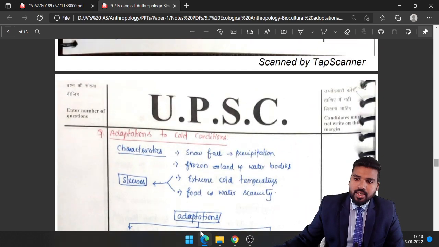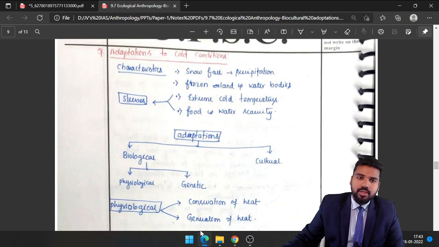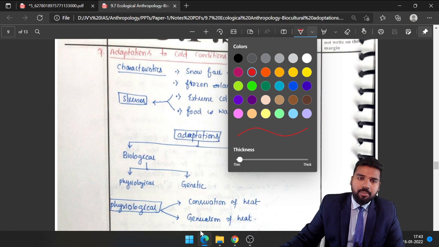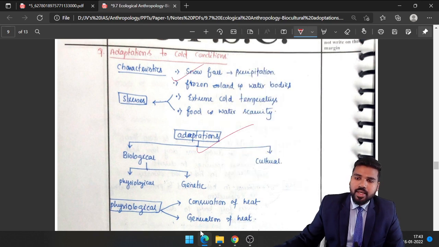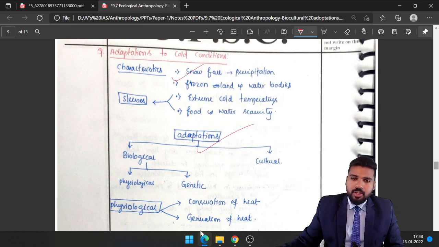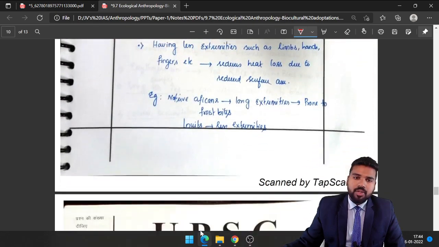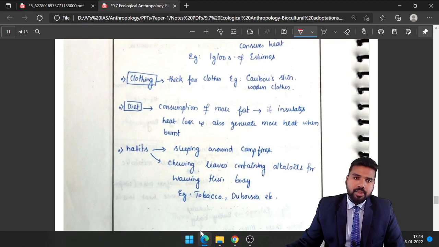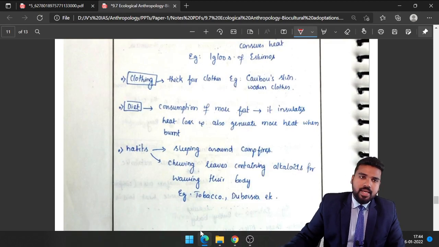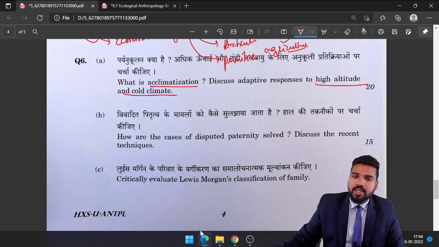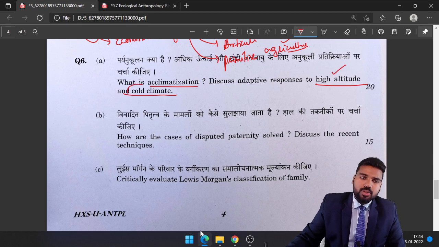So the same question, a direct question. What are the different types of acclimatizations and adaptations that have happened? This question we have to answer. The same kind of structure you can provide, and various types of adaptations that have been taken, we can provide them here. Okay, similarly it is asking for both high altitudes as well as cold climate.